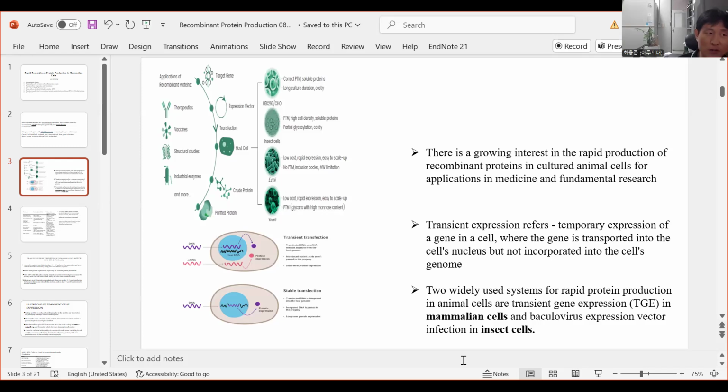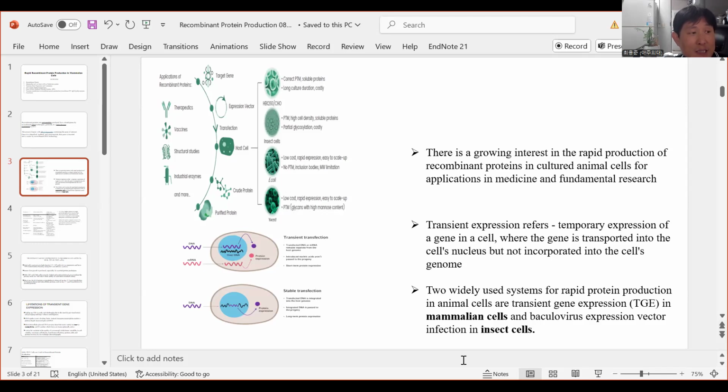That is a very old system. Nowadays, I found in some papers that different systems are used. For example, the streptavidin binding peptide.